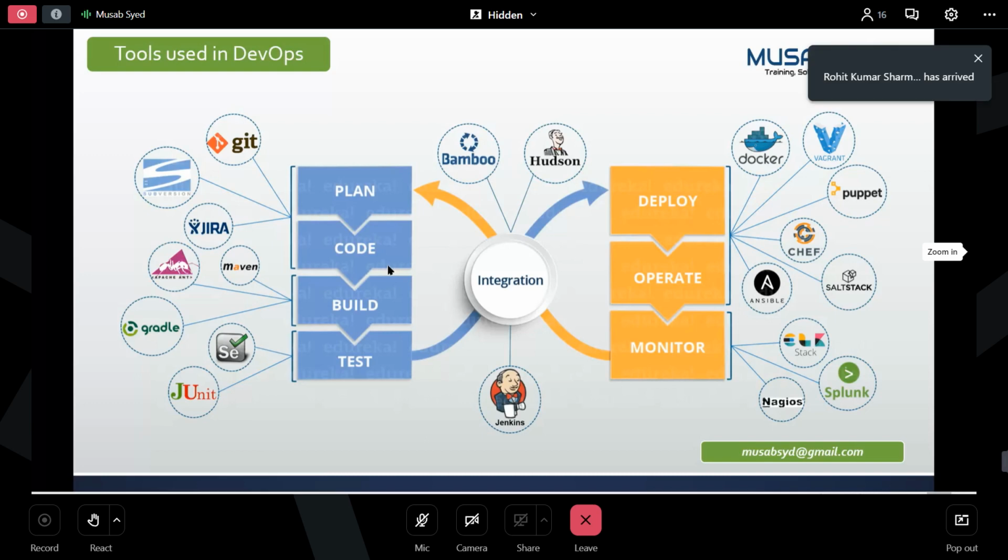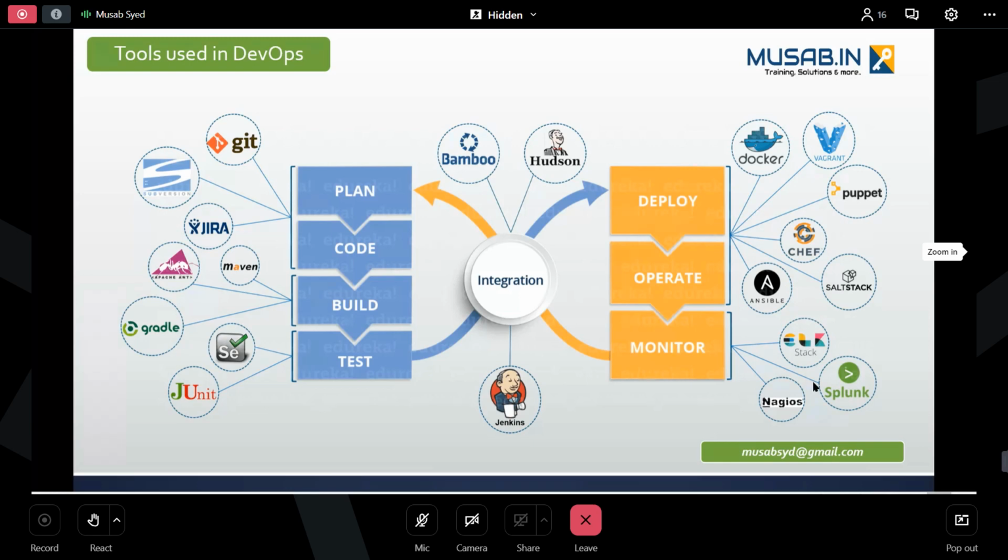To deploy your code on the client side, you may use various options like Docker, Vagrant, Puppet, Chef, Ansible, Salt. Ansible and Docker, these two are very famous, guys. Every organization uses them. Then for monitoring, you may use ELK Stack, Nagios, Splunk, so many tools.